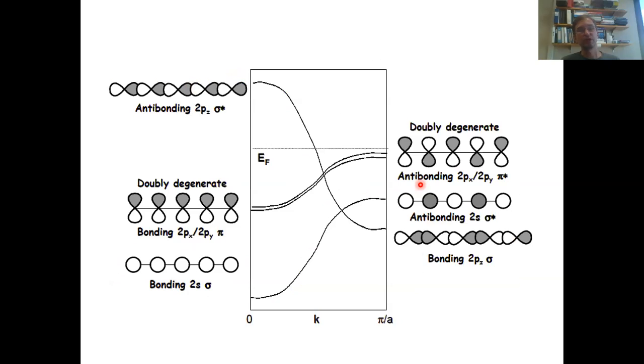This is because the bands from the 2pz orbital can mix with, or interact with, the band formed from the 2s orbital because of suitable symmetry. You know this also from molecular orbitals, probably from your first year, when you discussed diatomic molecules like N2, O2, and F2.